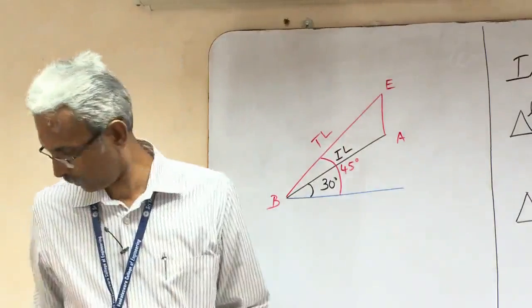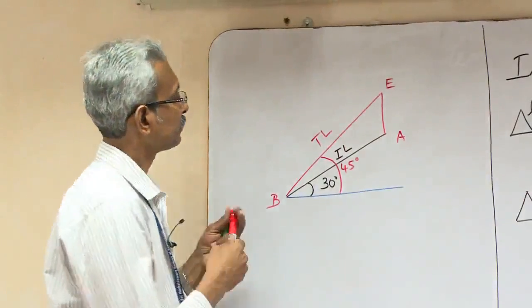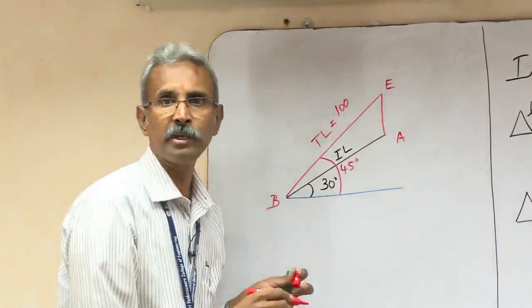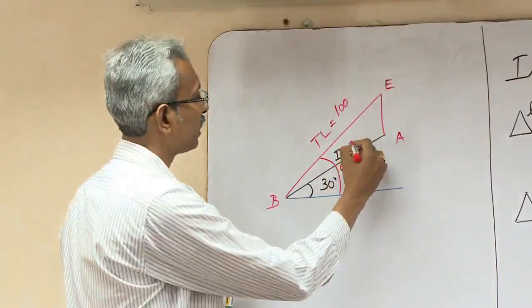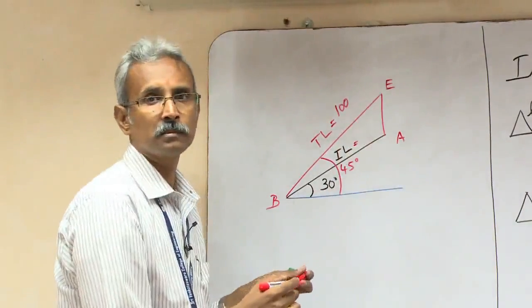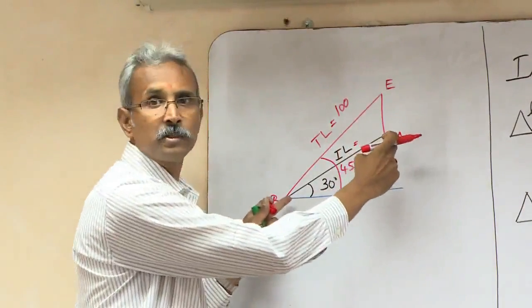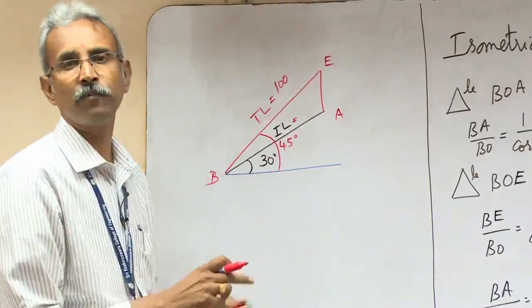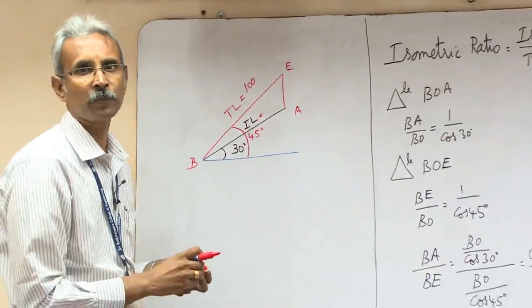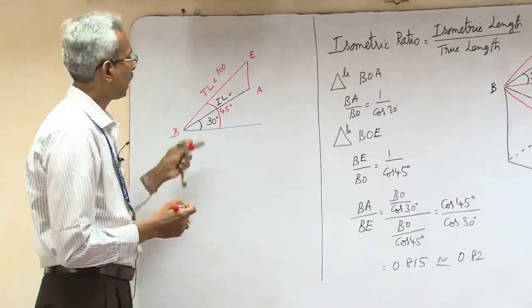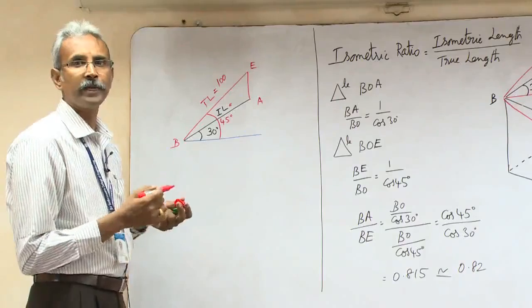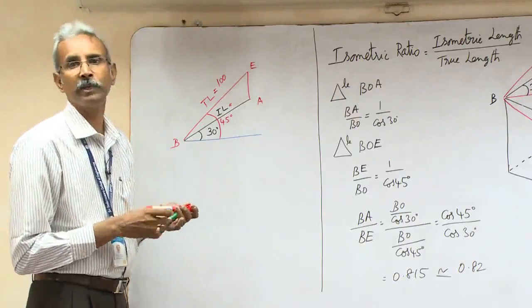So this is my true length and this is my isometric length. Let's assume this true length is equal to 100 millimeters, and what will be the isometric length? You can measure it using a divider, and we should not calculate it using the factor 0.82. Now let's assume I have a length of 50 millimeters. How do I get the isometric length for 50 millimeters?